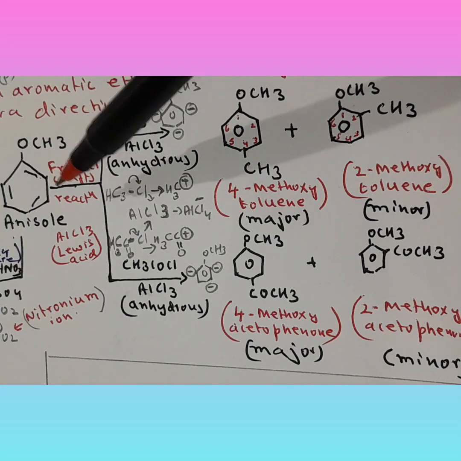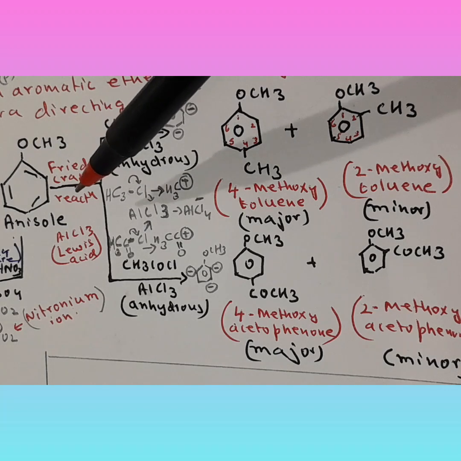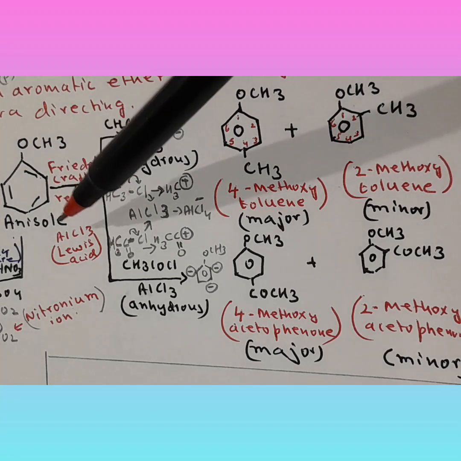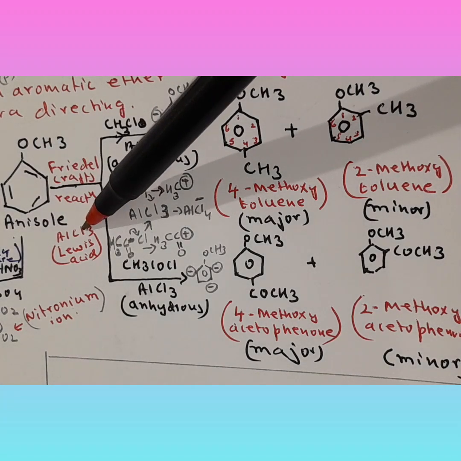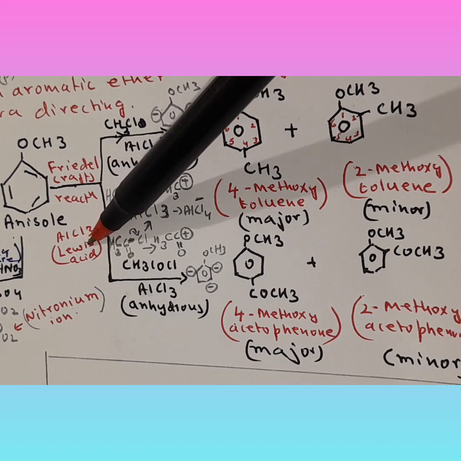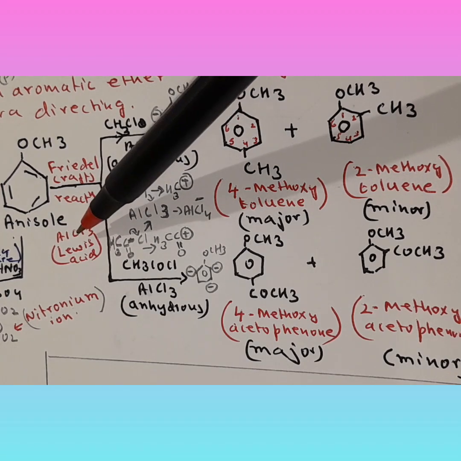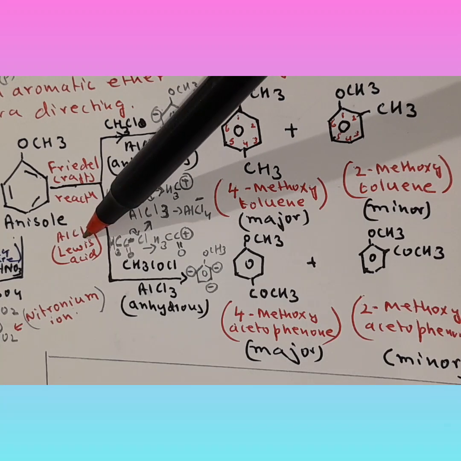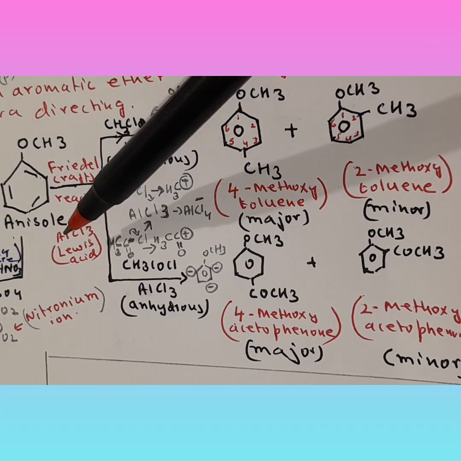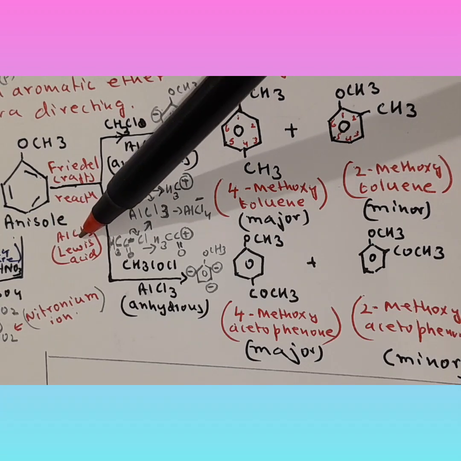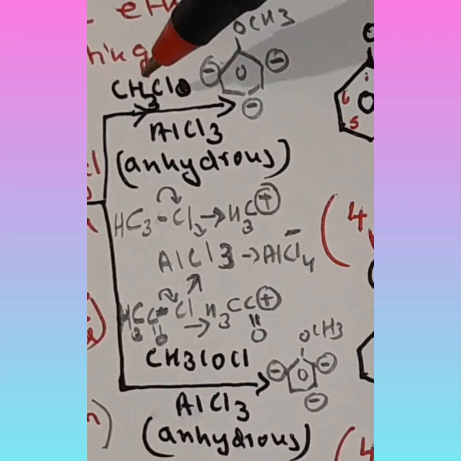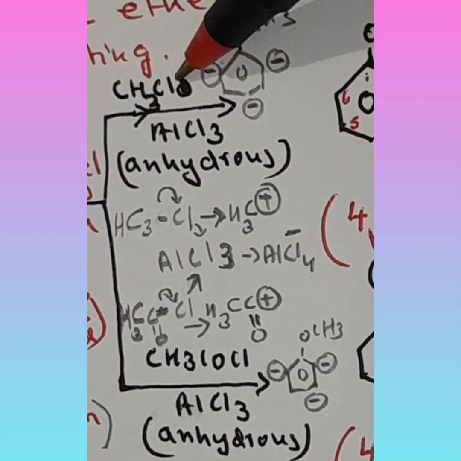Now, in case of Friedel-Crafts reaction, we have aluminum chloride as our catalyst, which is a Lewis acid. As explained earlier, it has to be very thirsty for electrons. Lewis acid itself means lacking electrons. Alright, so we start with methyl chloride.